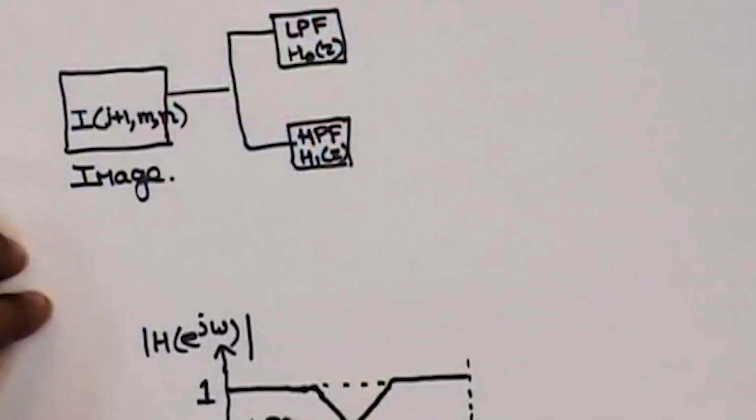Therefore, we can say that the bandwidth of the signal is half. Since we are splitting the signal, this is a low pass version and this is the high pass version, and the bandwidth of the signal is half in each of these sub bands.